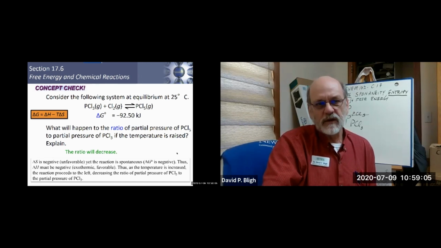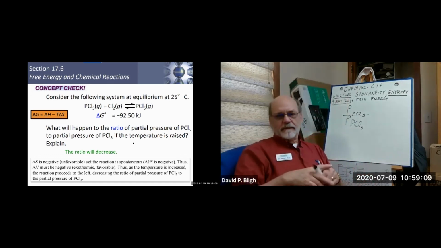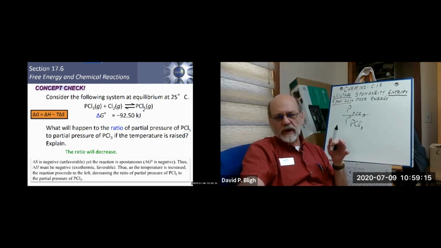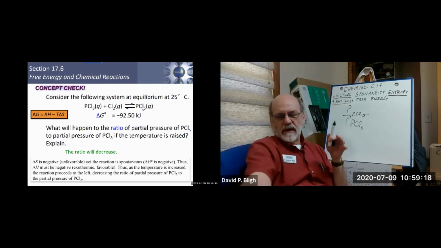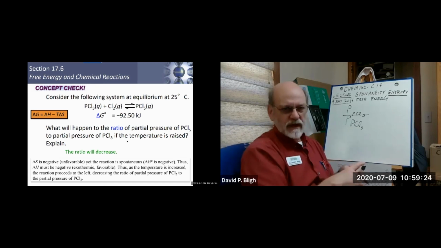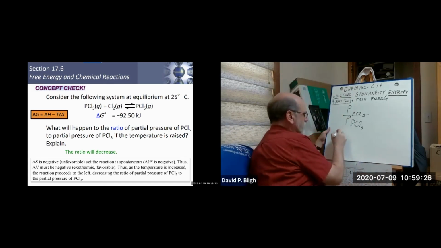Okay, so the delta S for this is unfavorable because you're going from 2 to 1. But we know the reaction is spontaneous because delta G is negative. So that's where this equation comes in.